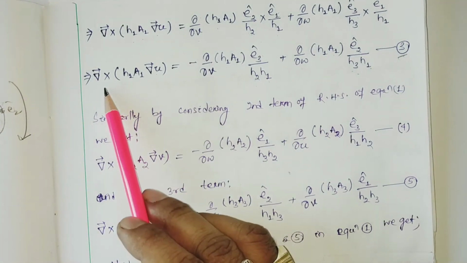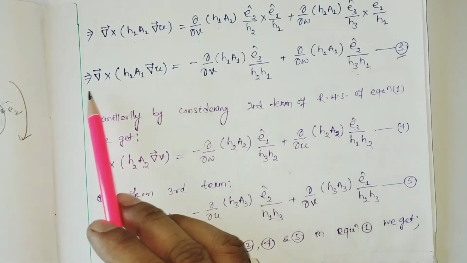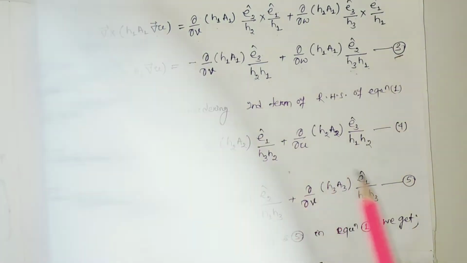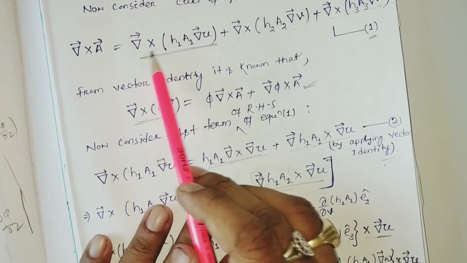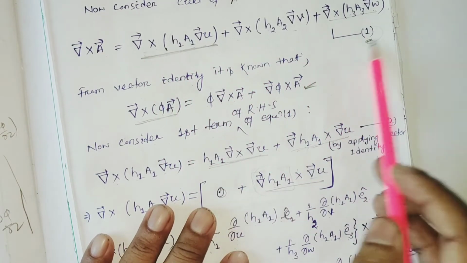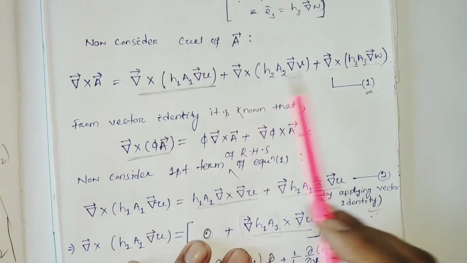Equation number 3 represents the curl of the first term of the RHS of equation number 1. Similarly, the second term and third term can be written.